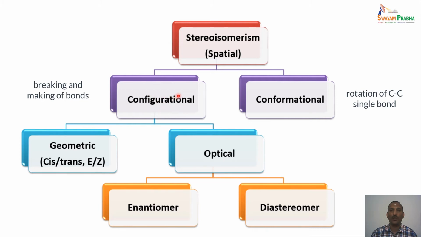So simple rotation does not give configurational isomers, but simple rotation gives conformational isomers. In the case of optical isomers, we have enantiomers and diastereomers. In this particular session, we will be studying these enantiomers and diastereomers. And in the coming sessions, we will be studying geometric isomers, that is cis-trans or E-Z isomers.